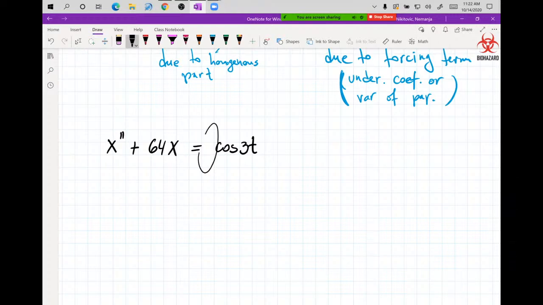So the amplitude of this cosine is 1. That's going to be 1 unit of force that you push the kid with. And this is how frequently you push the kid every time the swing comes back. You push it with the same force.